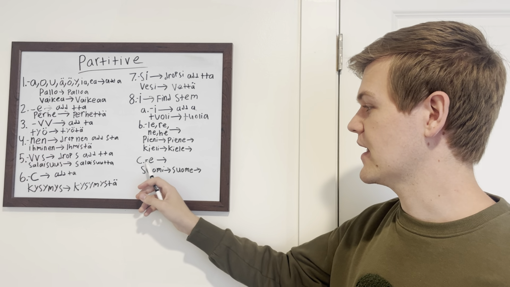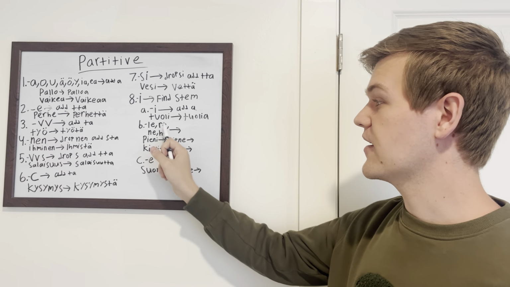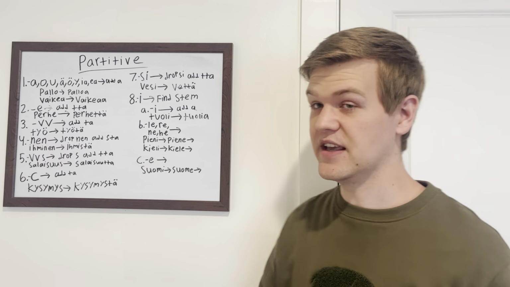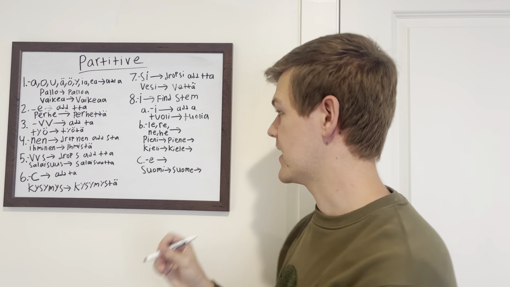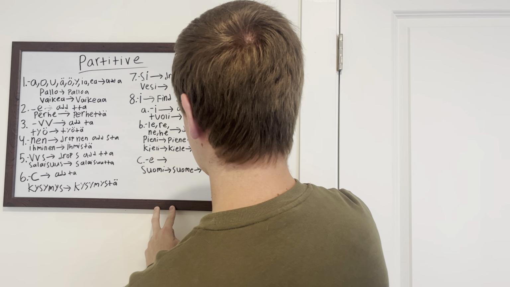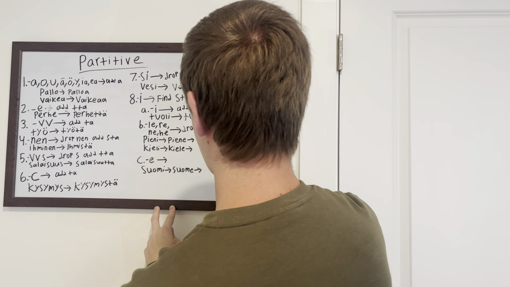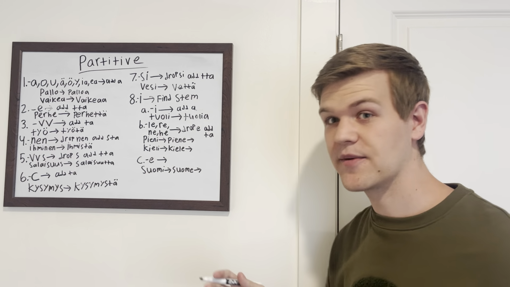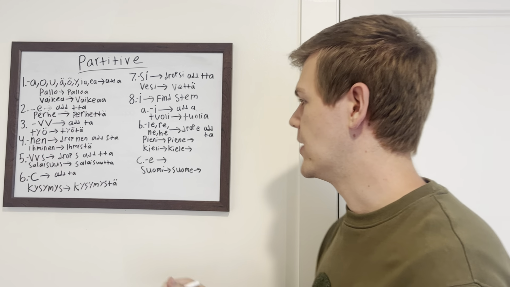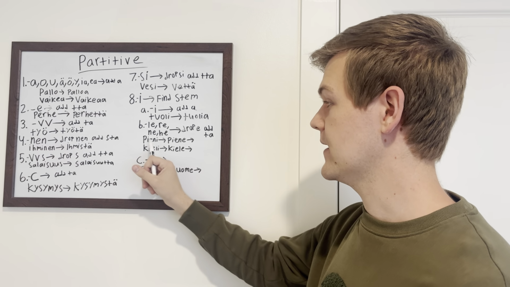If it ends in an L-E, R-E, N-E, or H-E, then most of the time we're going to drop the E and add T-A. So that one's a little bit weird, but I'll give you an example of how this works. We have the word pieni.